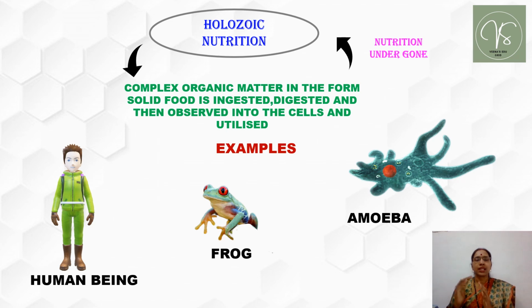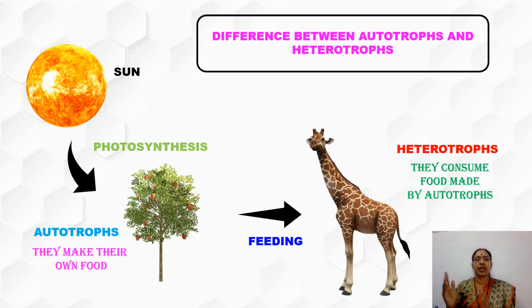Now let us learn the difference between autotrophic and heterotrophic nutrition in brief. You can see here a plant which absorbs an optimum amount of sunlight and then undergoes a process known as photosynthesis and prepares the food for itself.